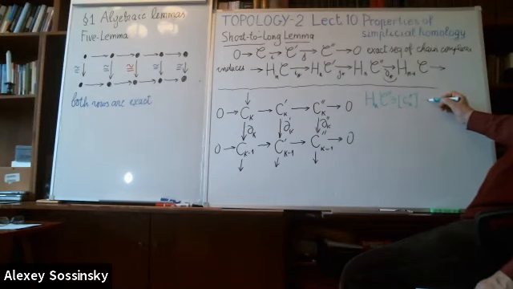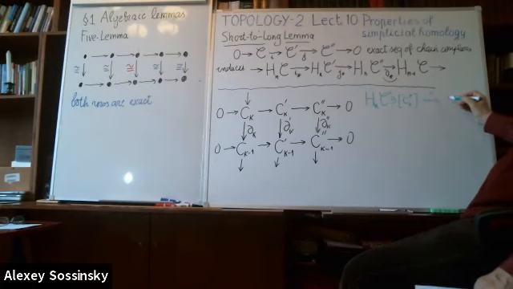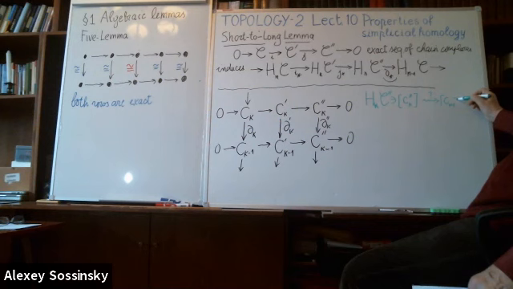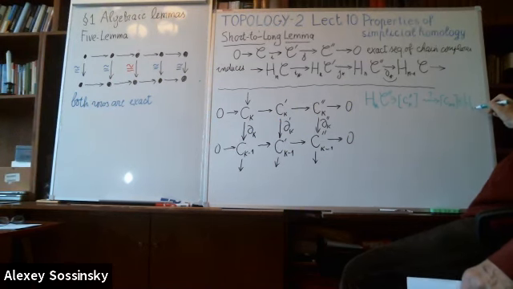And we want to assign to it an element CK minus 1 of the homology group HK minus 1 of C.